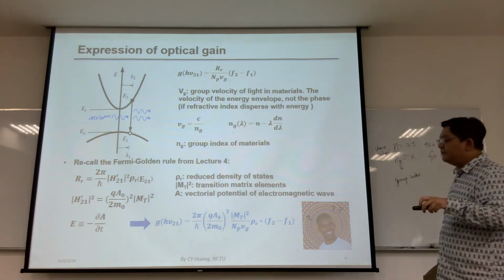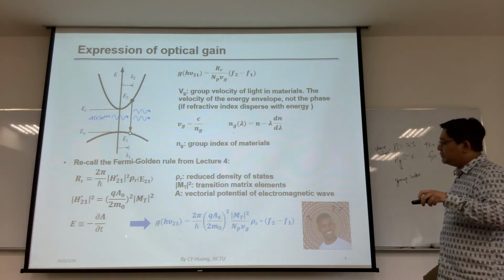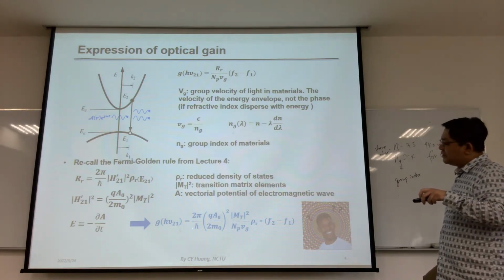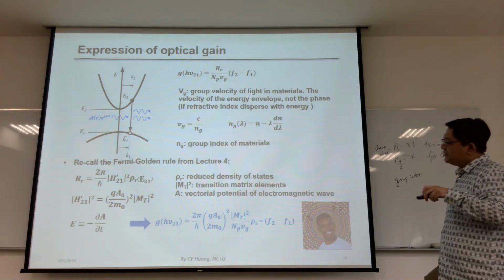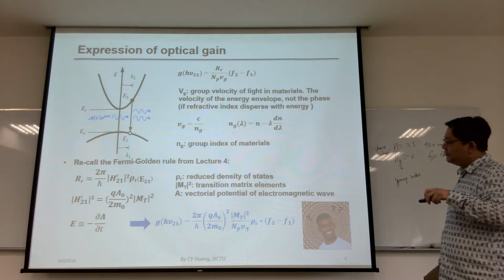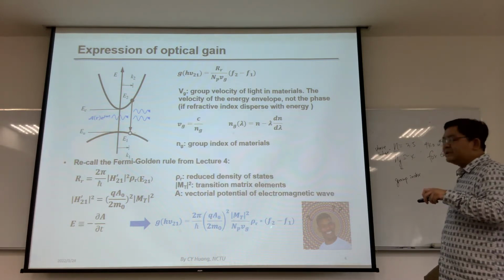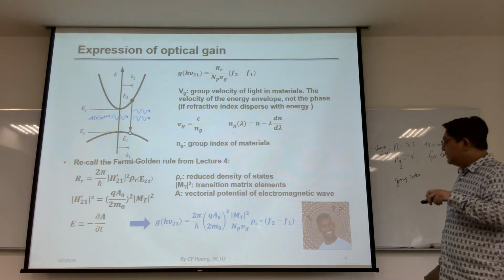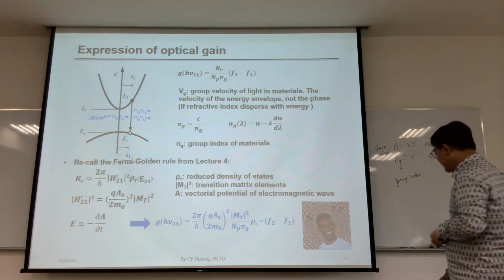It turns out a very long equation that looks like this: 2 pi over h bar times qA0 divided by 2m0 squared, times the momentum matrix element, divided by the group index, then times the reduced density of states, then times F2 minus F1.